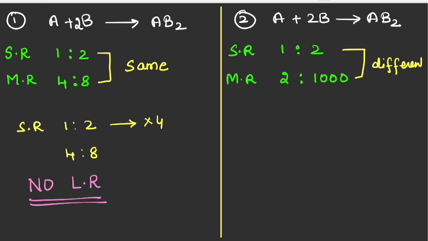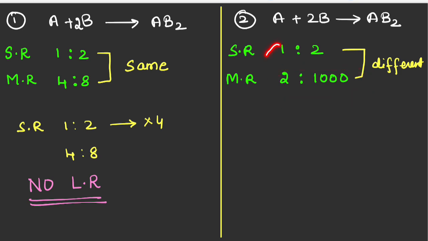How do you say that it is different? Because you multiply the ratio with any common number and see whether you get 2:1000. Suppose I multiply this with 5, what will you get? 1 fives are 5, 2 fives are 10. So you will not get this ratio.